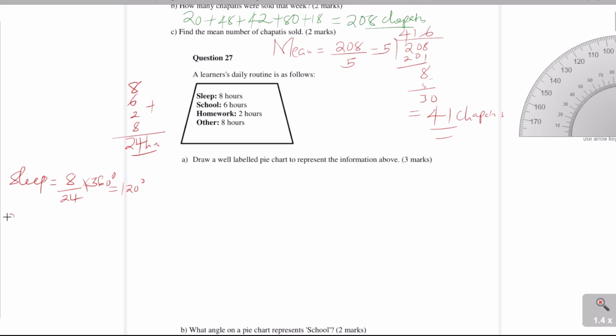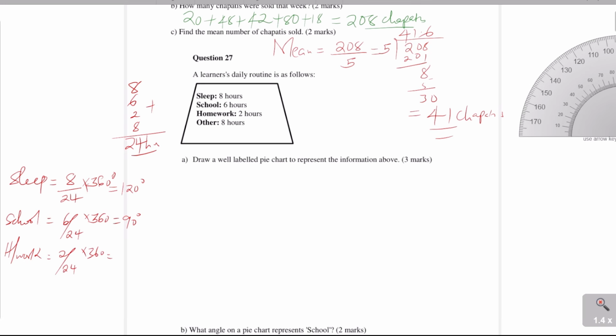We go to school. So for school, you have 6 hours. So 6 divided by 24 multiplied by 360. So that gives 90 degrees. Then for homework, we have 2 hours over the total 24 multiplied by 360.